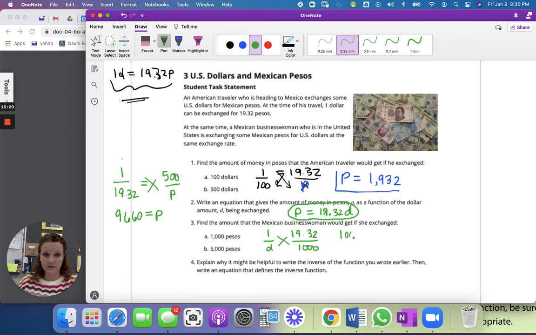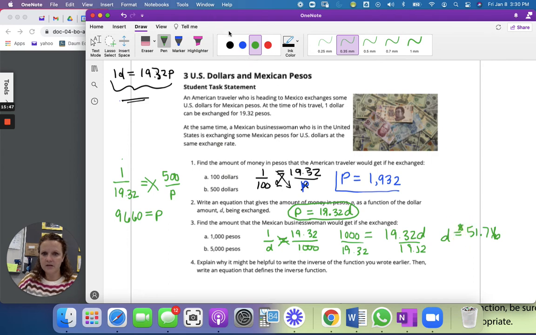So 1,000 equals, I'm cross multiplying, that's an equal sign in there. So multiply down, 1,000 equals 19.32 times dollars, and then divide both sides. I get dollars equals $51.76.